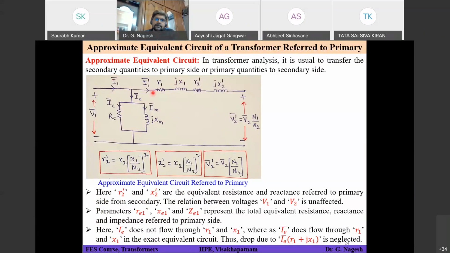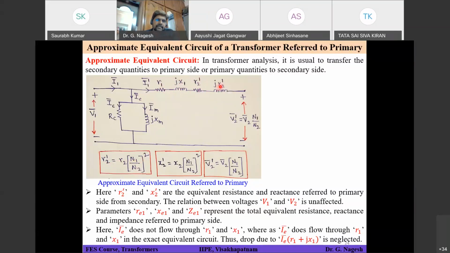Okay. So R1, which is already in the primary, is not going to change. It will remain R1 only. And j into X1 remains the same. R2 dash is coming from the secondary winding onto the primary side, so you'll call it R2 dash. And what is R2 dash? R2 dash is equal to R2 into N1 divided by N2 whole square.